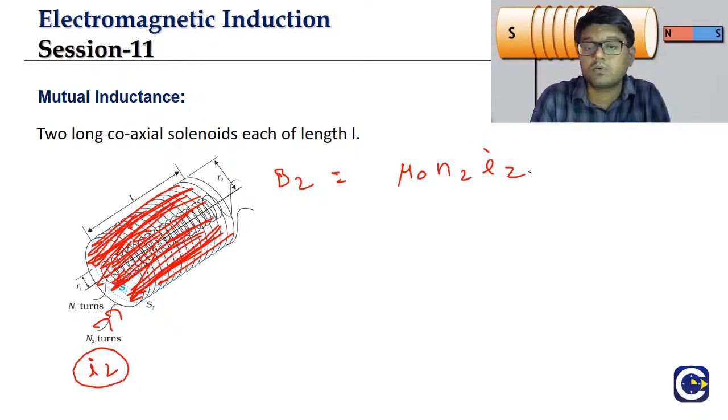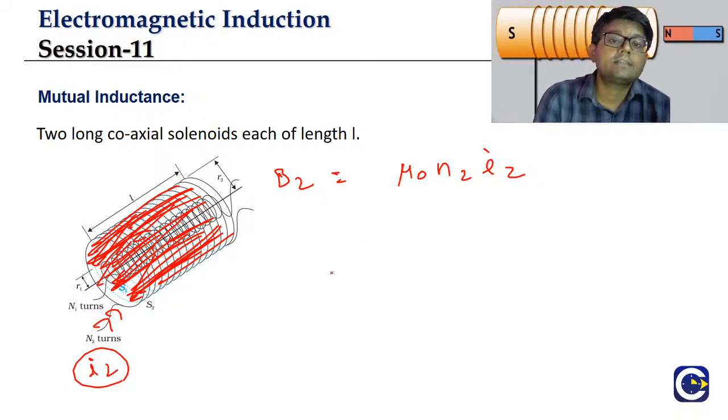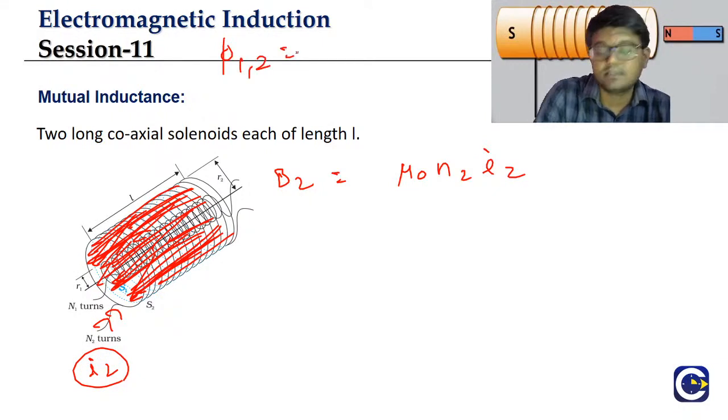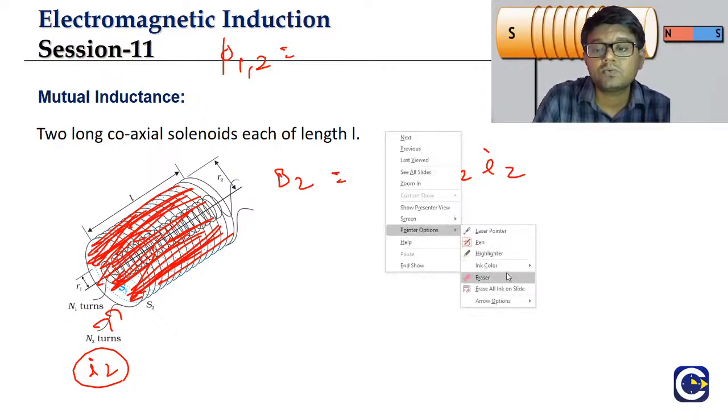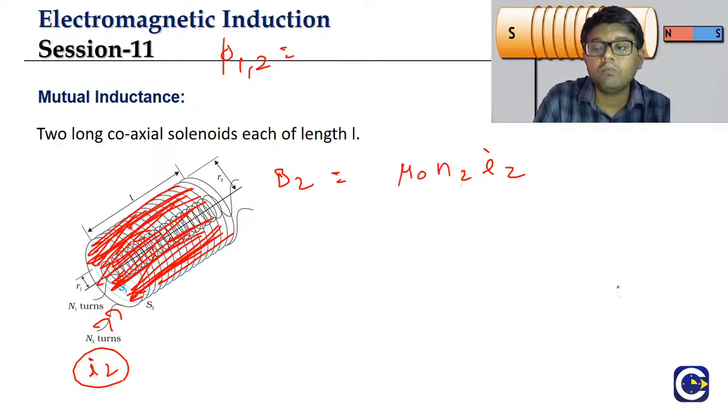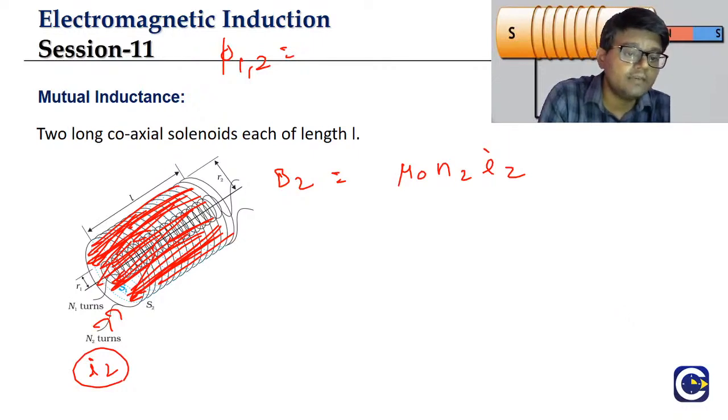We are passing current into the outer coil. Now what is our task? We have to find the flux through coil 1 because of this magnetic field. Coil 1 has a small area. It is here.